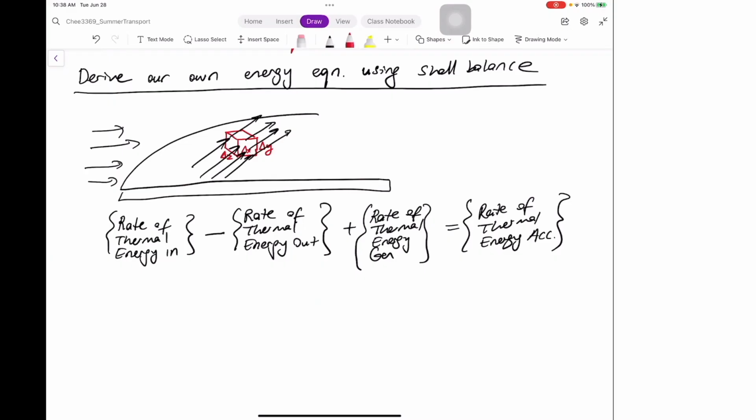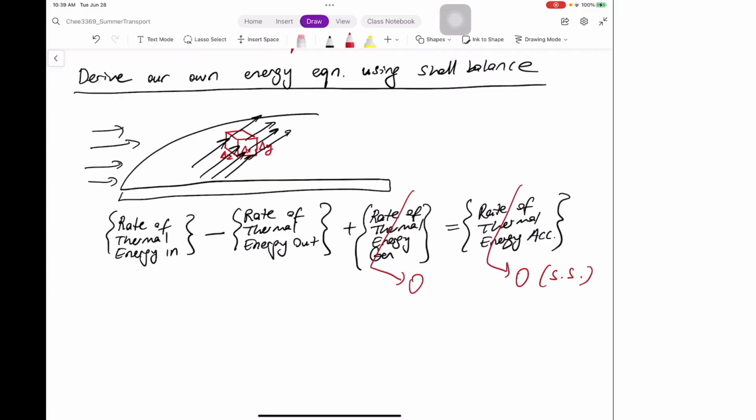Let's assume that this is steady state and no accumulation. And let's assume that there is no thermal energy generation. And we are also neglecting here the viscous dissipation and so on. So let's assume that the viscosity is not very large, so that we can neglect the energy generated from the viscous dissipation, or there are no chemical reactions happening that generate heat.